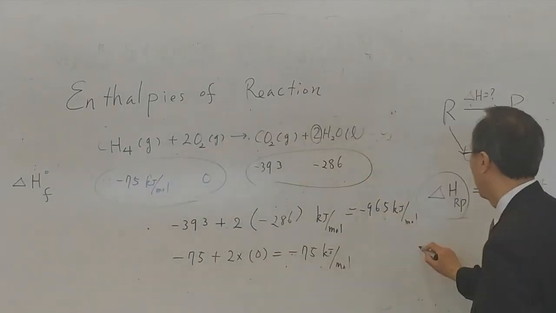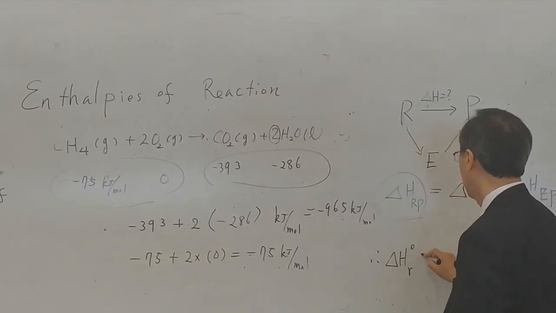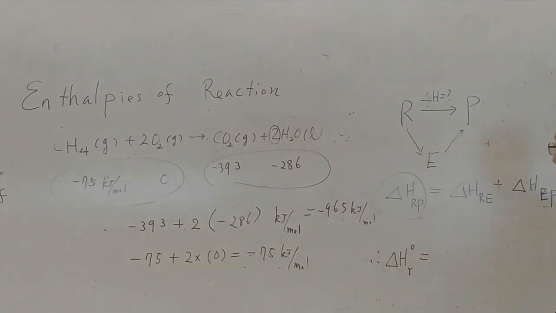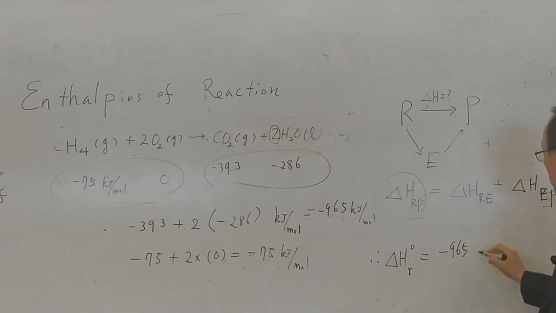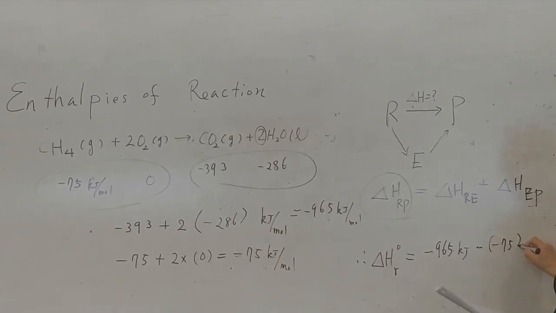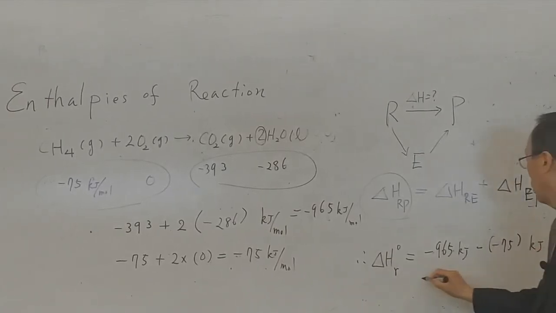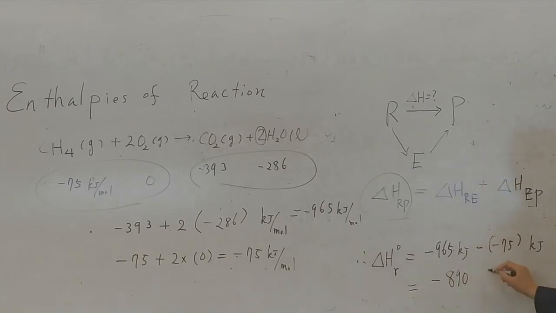Therefore, delta H R0, this reaction enthalpy at the standard state, is minus 965 kilojoule minus minus 75, which equals minus 890 kilojoule per mole.